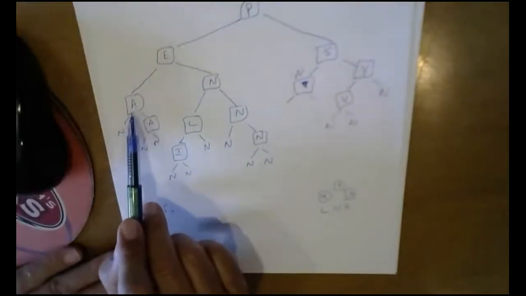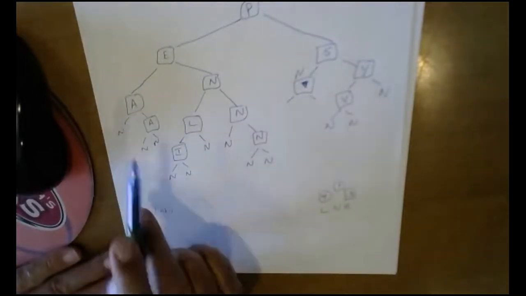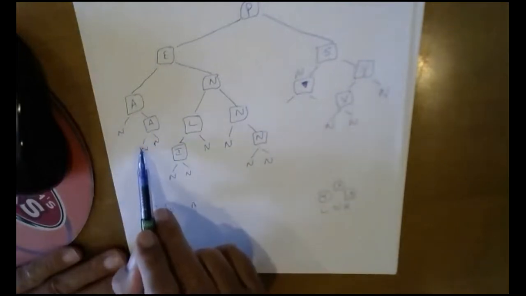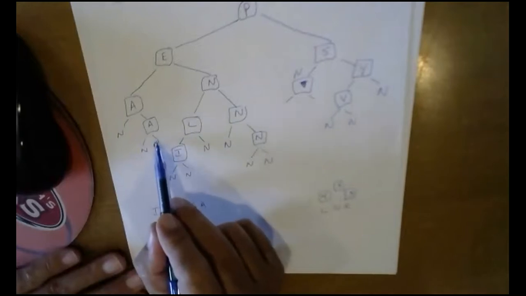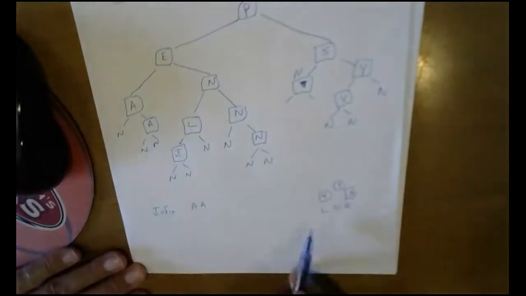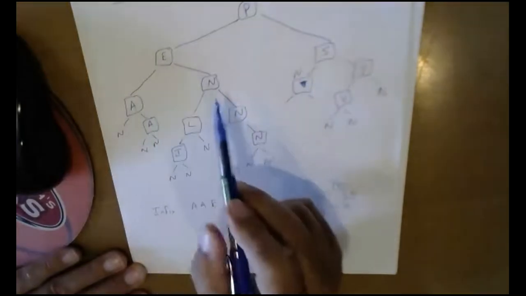I come to here, I go to the left. I come to here, there is no left, so I go back to the node, and now I go to the right. There is no left, I come back to the node, and I go to its right. Now that I'm done, I traverse back up, and I should hit the E, which was my node, and now I go to the right.